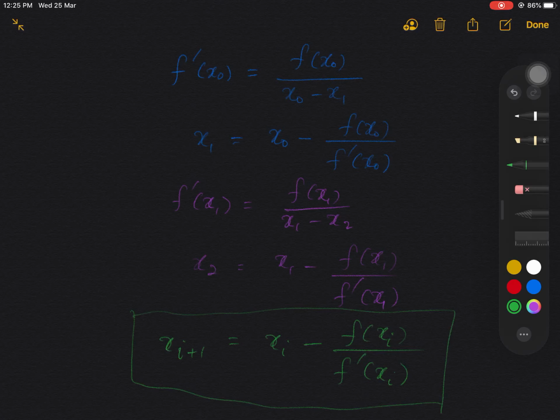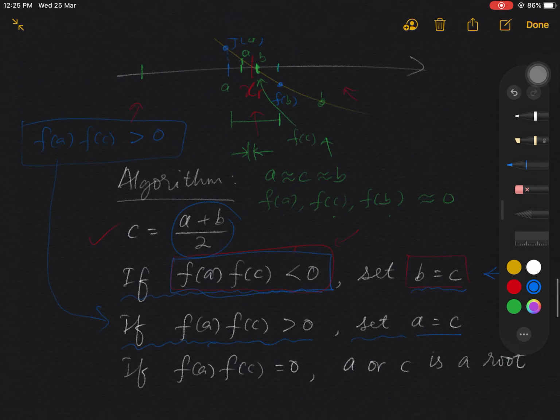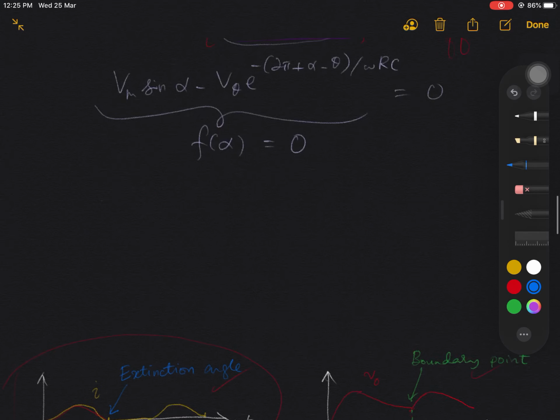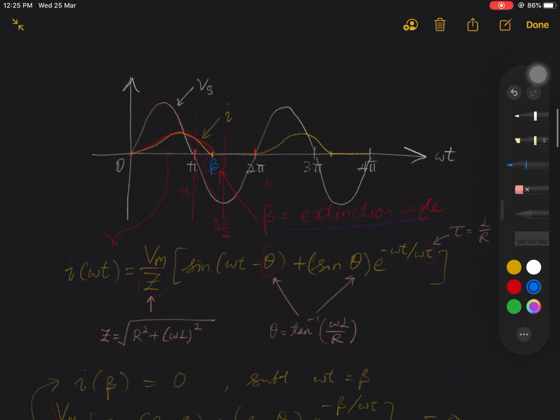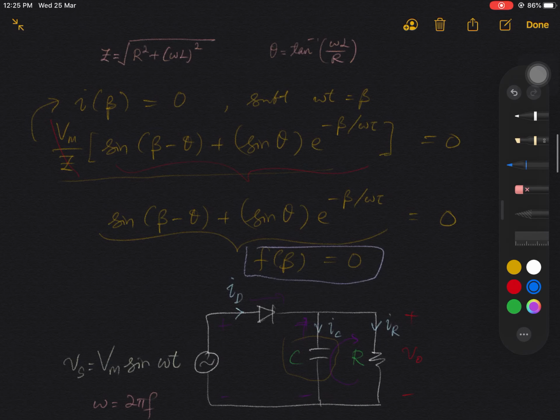It looks simpler than bisection, but the drawback of this method is we have to find the derivative of the function. As an example, let me take the extinction angle problem, let me copy this.